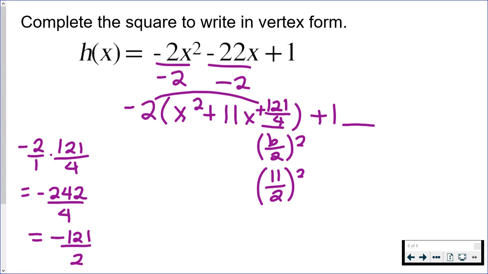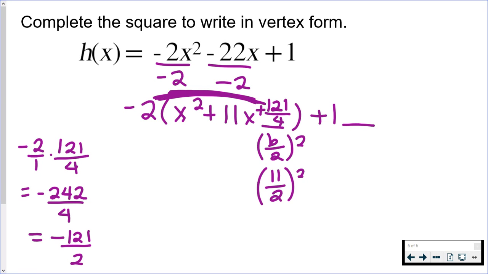Now, this -121 over 2 is the number that I just put in here that didn't exist already. Okay, that arch that I just outlined again, this right here is -121 over 2. So you have to think about that.